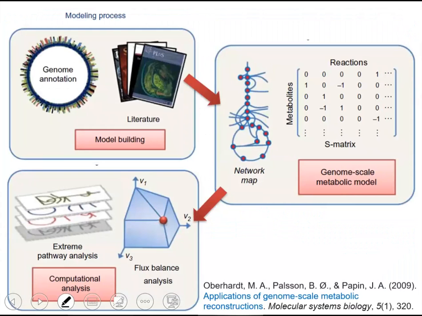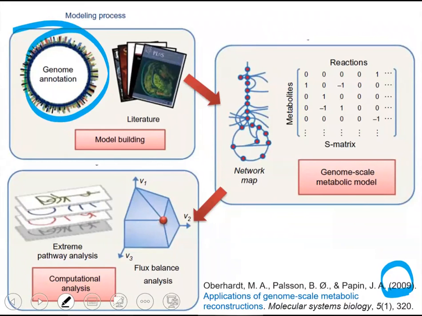This is a figure from a review paper published in 2009 that summarizes what I have just shared with you. The genome annotation, genes available in a genome, is used to identify the enzymes and the corresponding reactions.